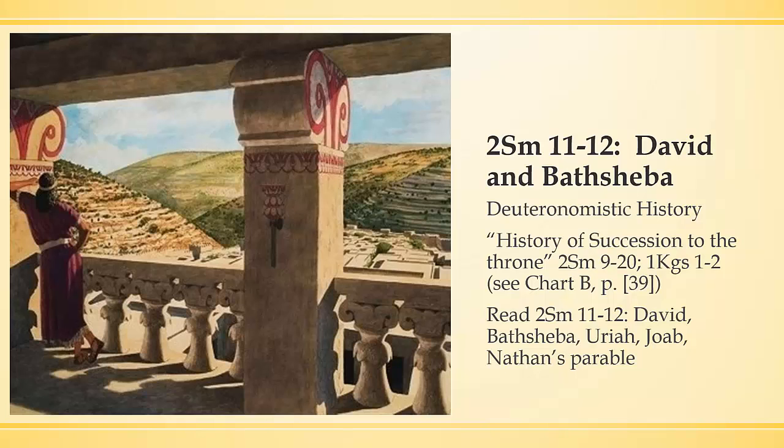And throughout the stories of the Deuteronomistic history, we see many, many examples of this strict correlation between sin and punishment, between faithfulness and obedience, and reward and prosperity. When the kings or the people are faithful and obedient, they are blessed with prosperity.